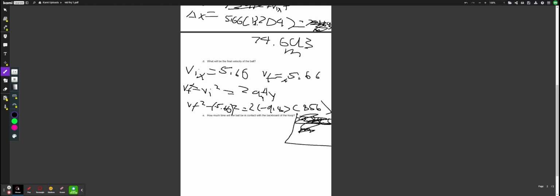And then c squared is our velocity, the x component and the y component together. So 5.66 squared is equal to 32.056.